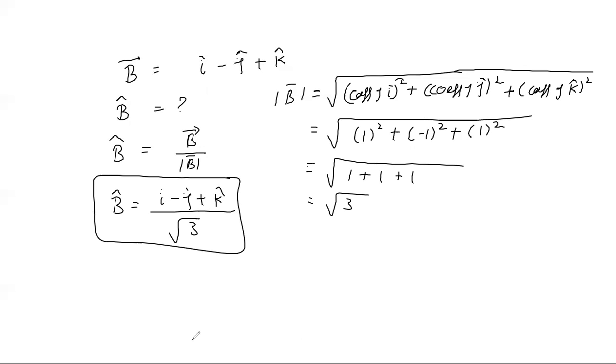In B cap, we have to calculate the direction only. So if we divide the magnitude from any vector, then we get unit vector. So once again, I explain to you. If we're talking about A cap, A cap equal to A vector upon mod A. So we get A vector equal to mod of A into A cap.